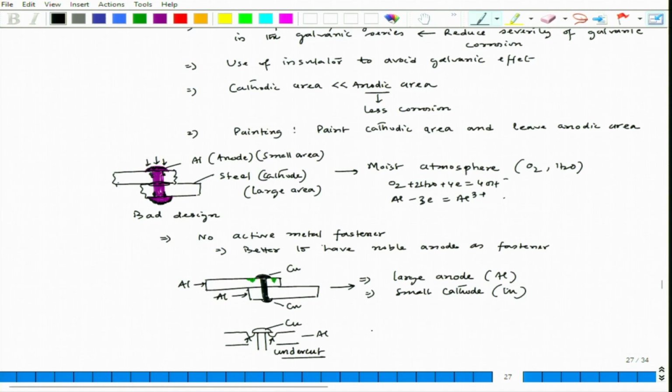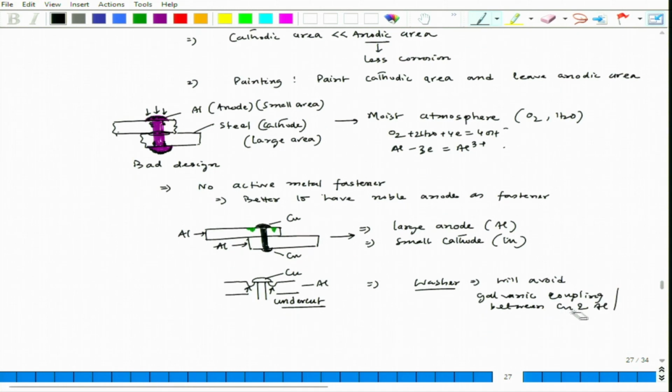So, in those cases I think we must use a washer. The washer will avoid galvanic coupling between copper and aluminum. Okay.